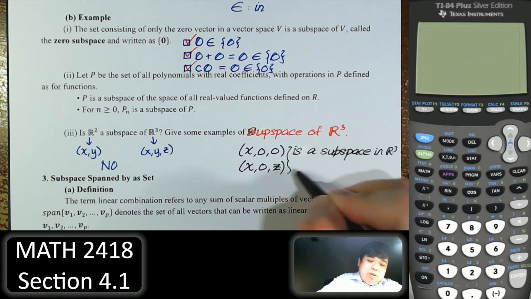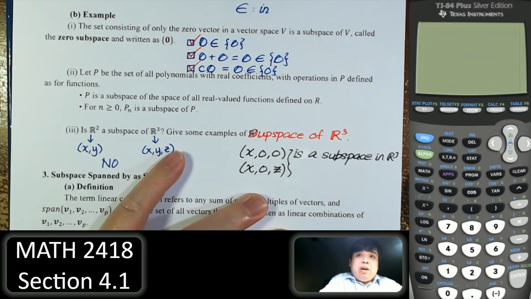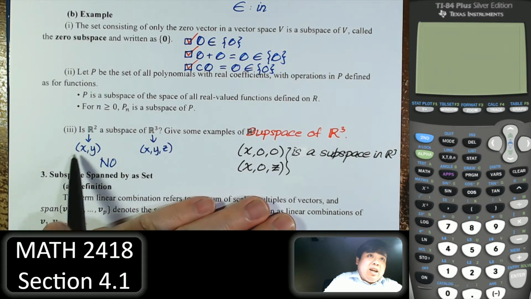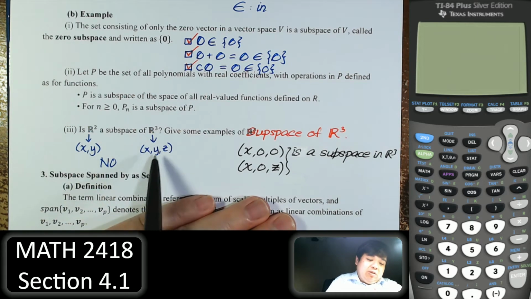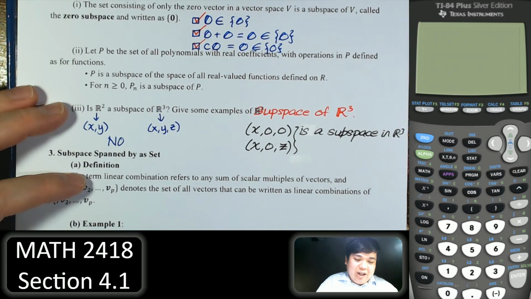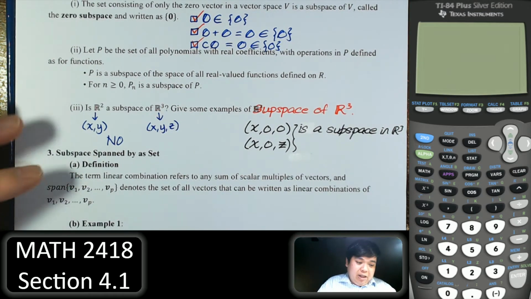It's also a subspace in R3. So these are some examples, but they have to be 3 components. It cannot be x, y belonging to the space x, y, z. It is not. I said we will have more examples later, so we have more idea of what a subspace means.